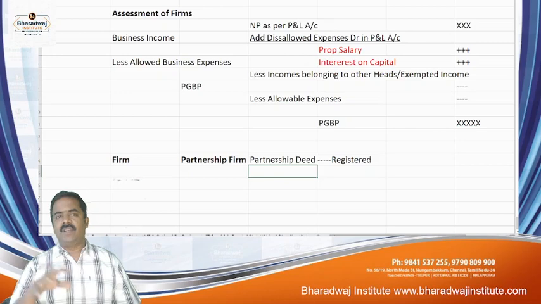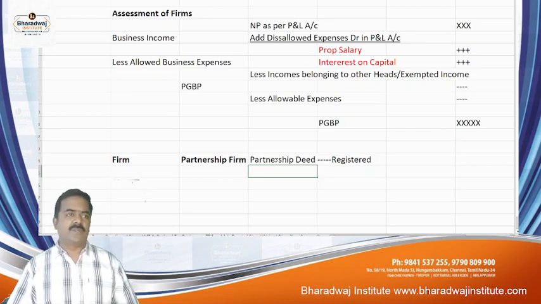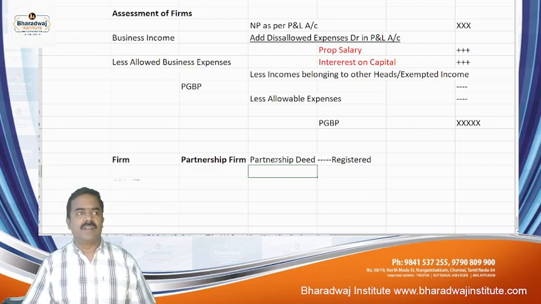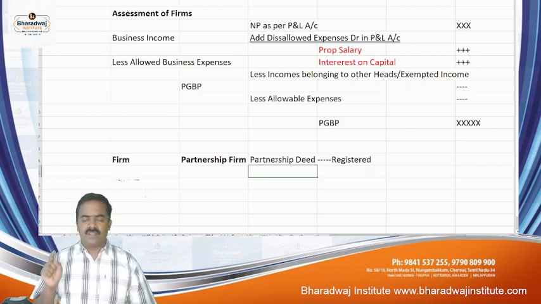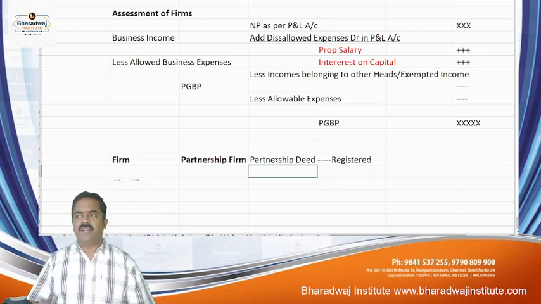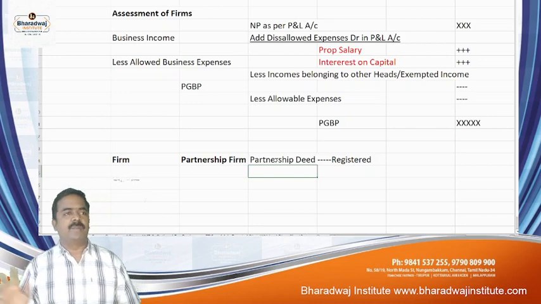No. For example, A, B, C, three partners are there. They have not registered the agreement. An unregistered firm is there. Will you call it a partnership firm? Income tax law calls it an association of persons. Only when a partnership is registered with a partnership deed is it called a partnership firm for income tax assessment purposes.